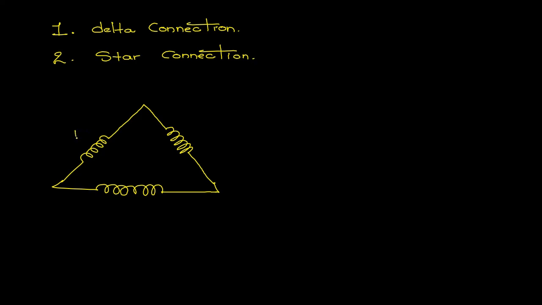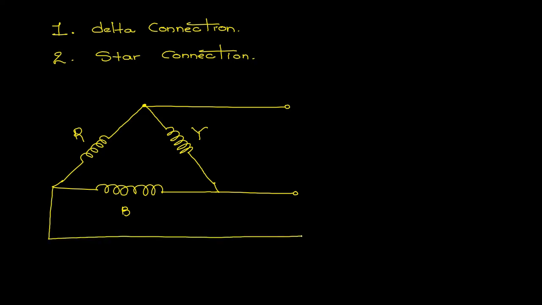For example, this is the R phase, this one is the Y phase, and this is the B phase. From this point we are taking one terminal, from this point another terminal, and from this point another terminal. This one is R, this one is Y, and this one is B phase.